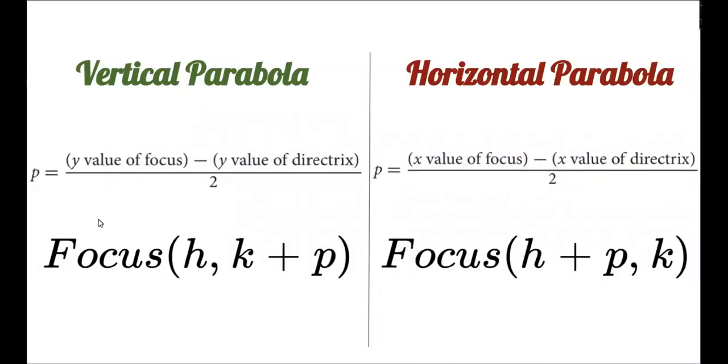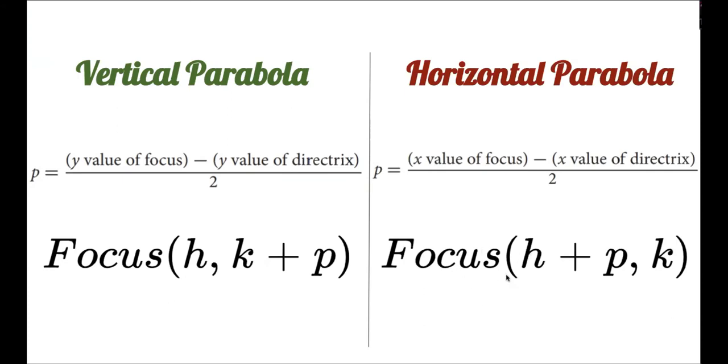For a vertical parabola, we obtain p from the y value of the focus subtracted from the y value of the directrix, divided by 2. In order to do a horizontal parabola, we now focus on the x value of the focus minus the x value of the directrix, divided by 2.